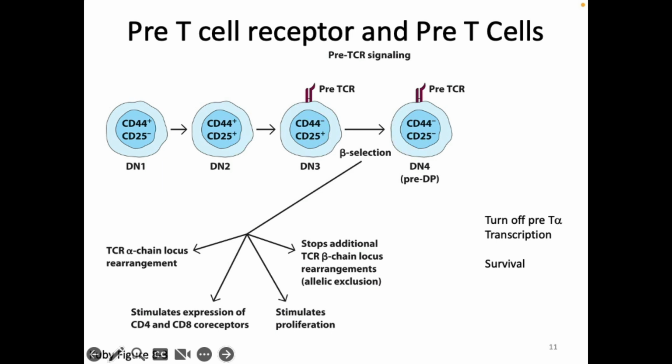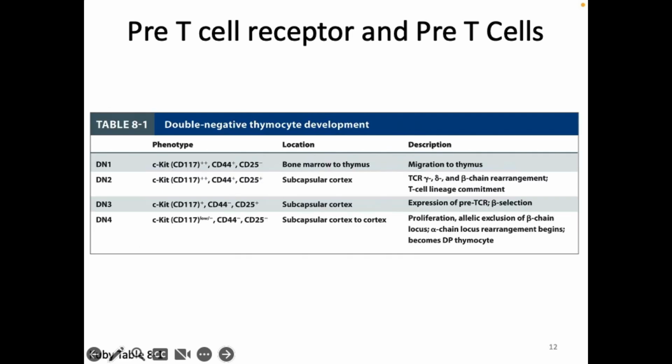Those are going to be things that are happening with our DN3 to DN4 cell. You can kind of see that here, that we're going to start this testing process in DN3.